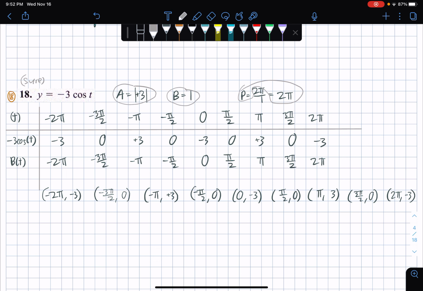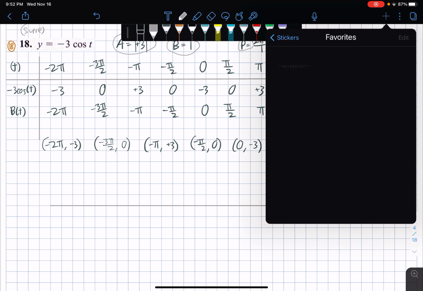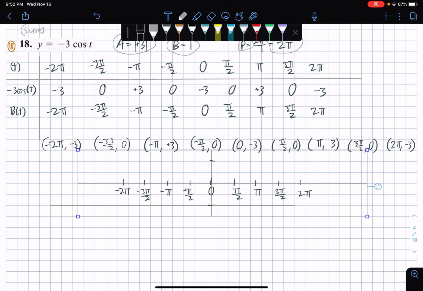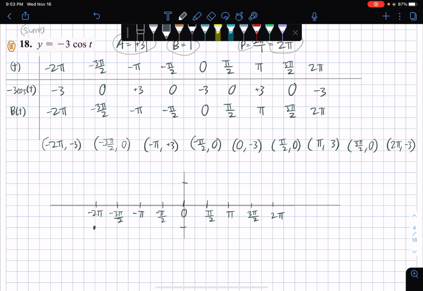Alright, now let's graph. So negative 2 pi, negative 3 over here. Here is positive 3, here is negative 3.